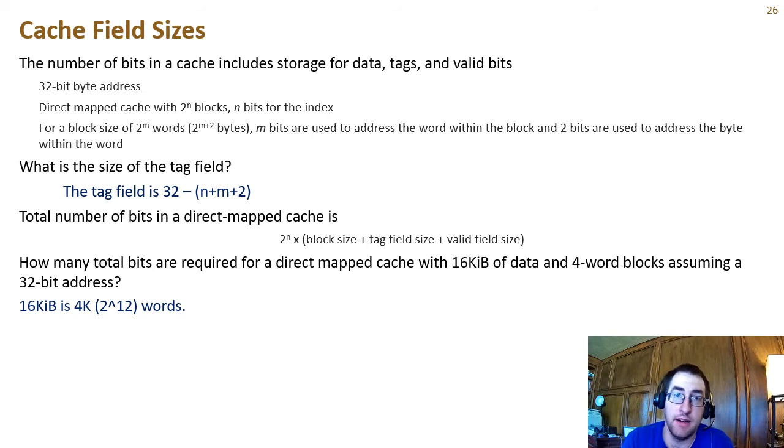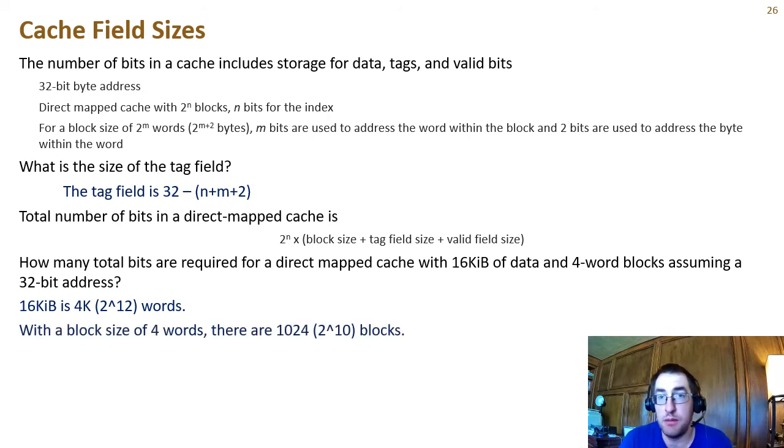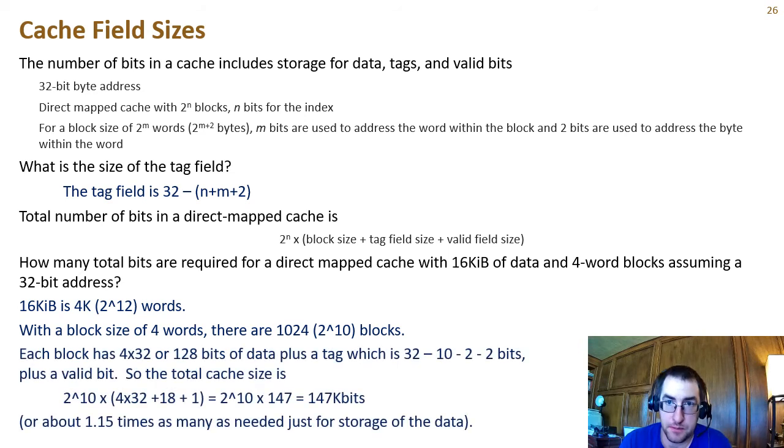With a block size of 4 words, there's 4,096 divided by 4, which is 2 to the 12th divided by 2 to the 2nd, so that's 2 to the 10th blocks. So there are 2 to the 10th blocks in this cache.